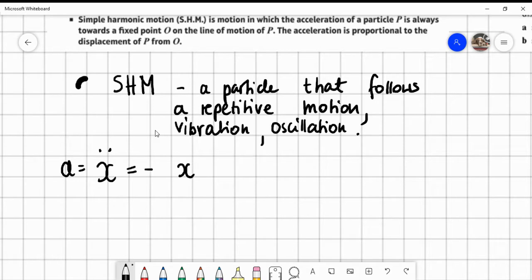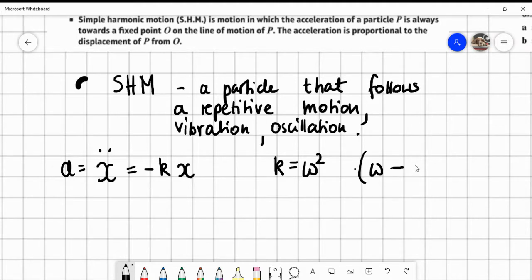But the constant of proportionality is a negative number. So K, in fact, for those of you who do physics, is equal to omega squared, where omega is what we call angular velocity. If you are studying further mechanics, you will study circular motion, so you know all about angular velocity.